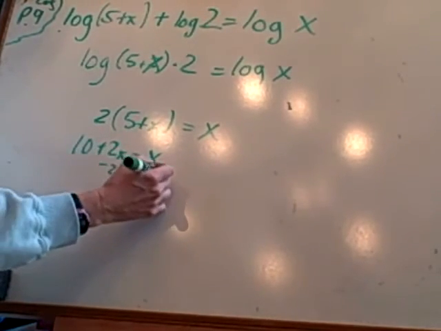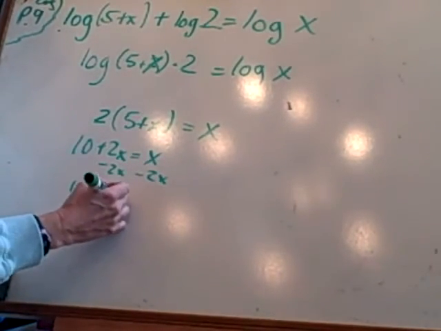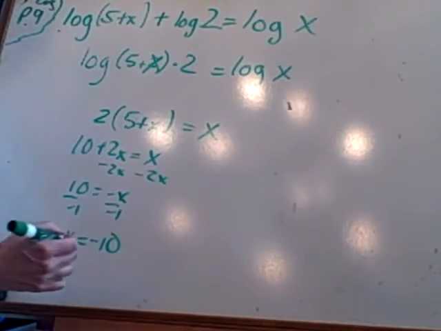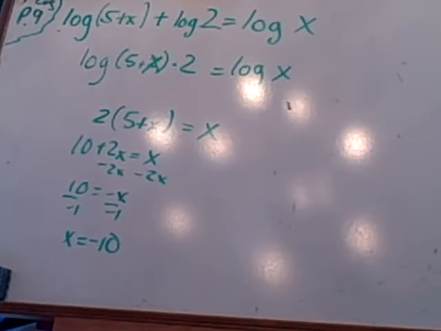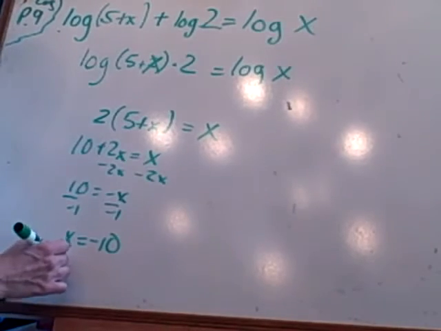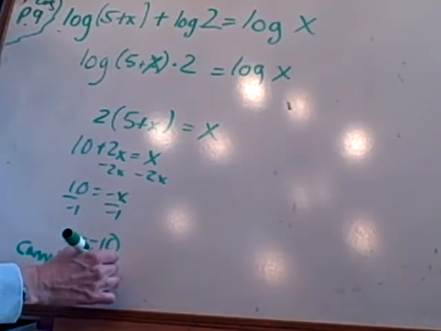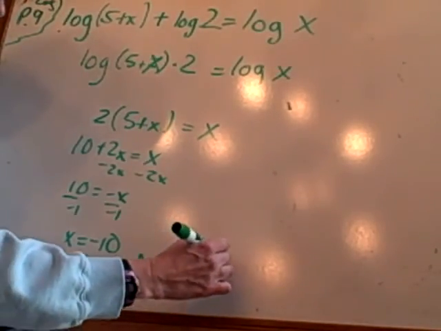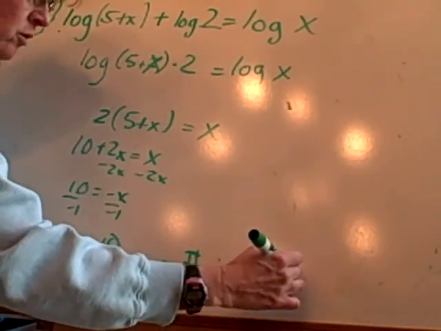If I subtract 2x from both sides, 10 equals negative x, divide both sides by negative 1, I get x equals negative 10. Now, is there a problem with that? There must be no solution, I'm guessing. That is right. You cannot take the log of a negative number, therefore no solution.